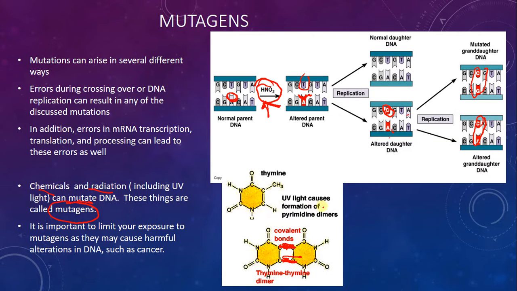UV light can cause the formation of these pyrimidine dimers, and they can alter the DNA and eventually cause things like melanomas, like cancers. So these different mutagens can create point mutations and alter our DNA and cause some pretty harmful side effects. Alright, that's it for this section. Please let me know if you have any questions.